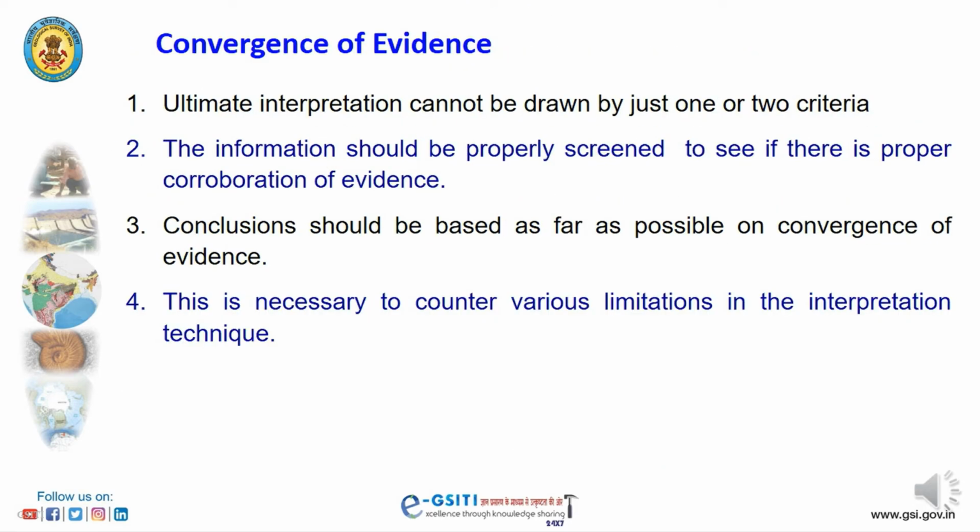Convergence of evidence. Ultimately, our interpretation cannot be drawn by just one or two key element criteria. The information should be properly screened to see if there is proper corroboration of evidence. Conclusion should be based as far as possible on convergence of various evidences related from one particular key element with the other.